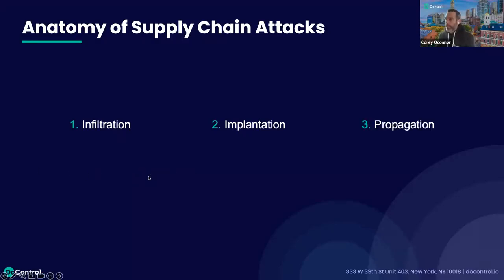Step number three is propagation. In this phase, attackers are going to spread that malicious code to other systems or applications through the use of different propagation techniques. The goal here is to maximize the blast radius and infect as many systems or applications as possible. Phase four, activation. Once that malicious code has been successfully deployed and propagated, the attacker can then trigger the attack by activating the code or payload.